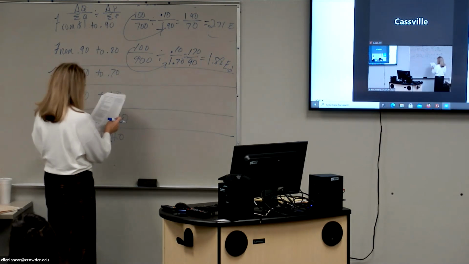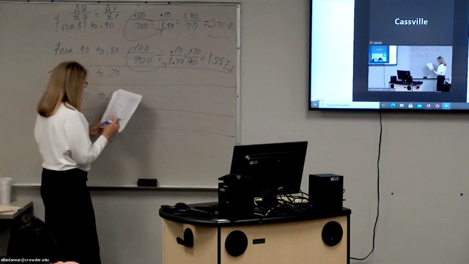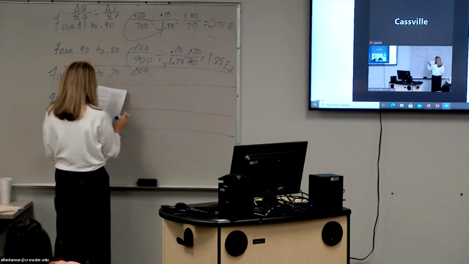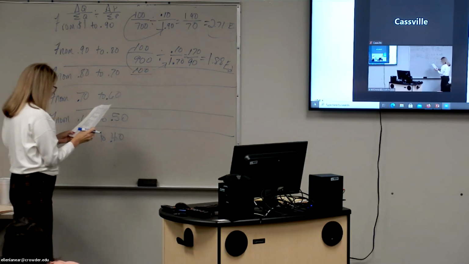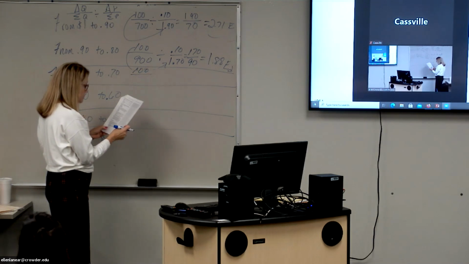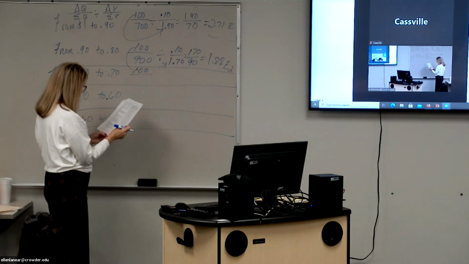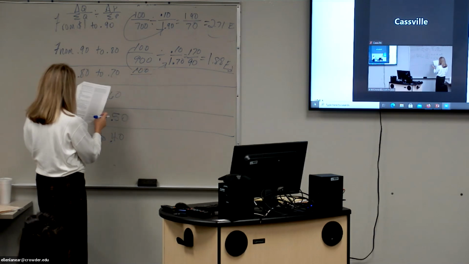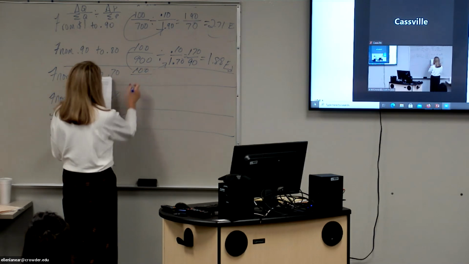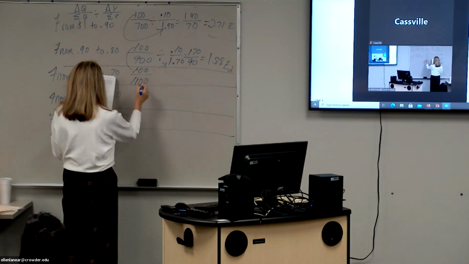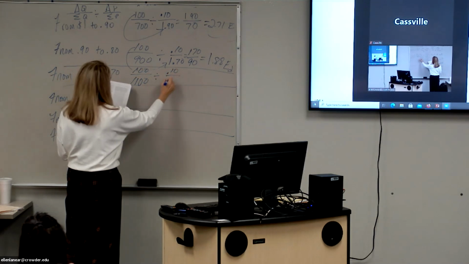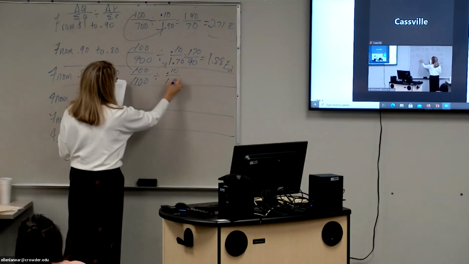Okay, so from 80 cents down to 70 cents, again we've got a difference of 100 in quantity, going from 500 to 600. Add the quantities together, 500 and 600 is 1100, divided by the change in price, 10 cents, add the prices together, 150.